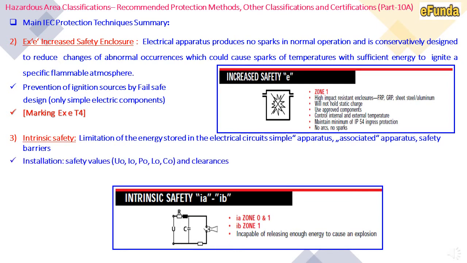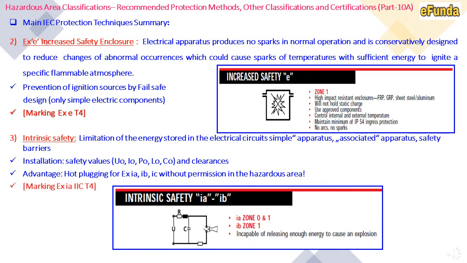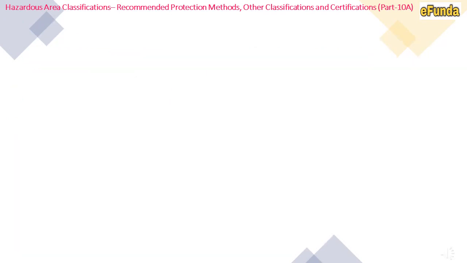Installation, considering the safety values and required clearances. Advantages: hot plugging for Ex ia, ib, ic without permission in the hazardous area. Marking is Ex ia 2 C T4. This is how the intrinsically safe design is achieved.